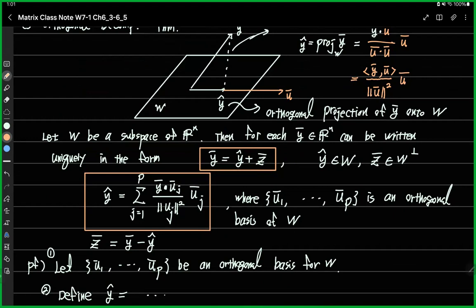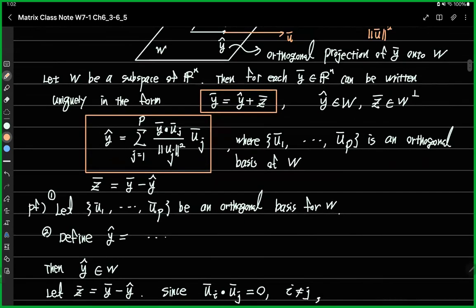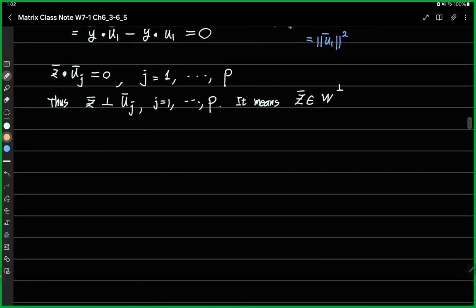That's what I'm going to show. What I did was show that z is in the W complement. We know that Y hat is in W, and I just showed that z is in W complement. Now I'm going to use the conventional way to prove the uniqueness.